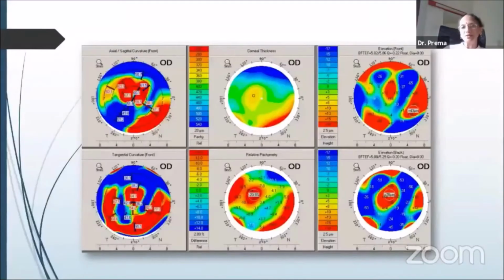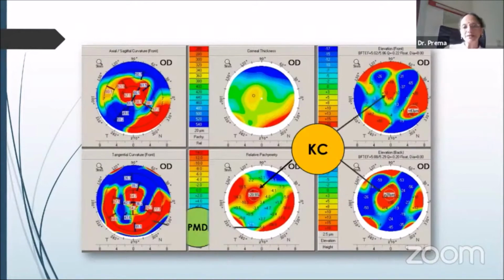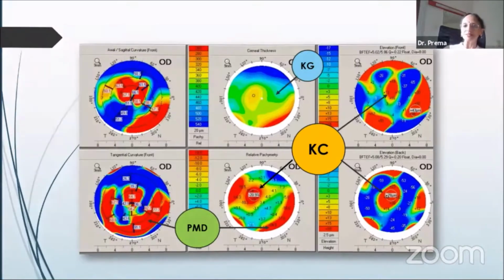Now we go back to these 6 maps, and while the keratoconus is quite obvious, notice also that there is an element of PMD where the thinning occurs in the periphery beyond the area of the steepening, but also notice that this cornea has a global thinning. So this is a very unusual situation where we find elements of all 3 ectasias in the same eye.